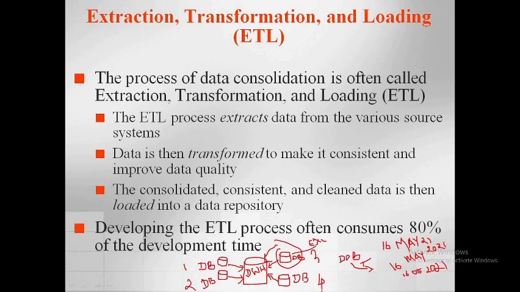So all of them are different formats. Now before transferring the data from these databases into the data warehouse, it should be in a single format, either this format, or this format, or another format. Got it? All of them should be transformed.